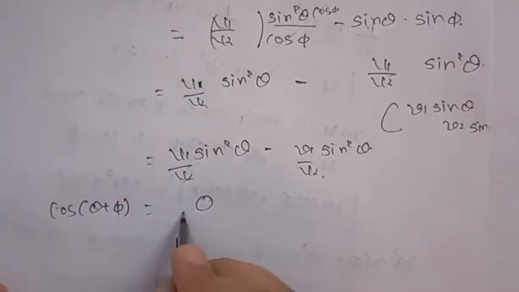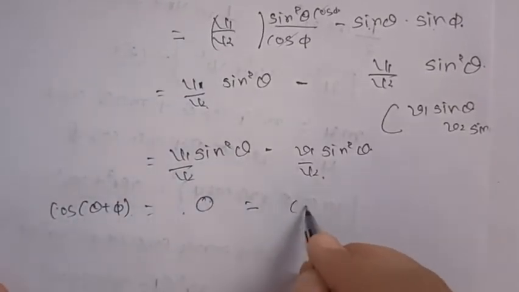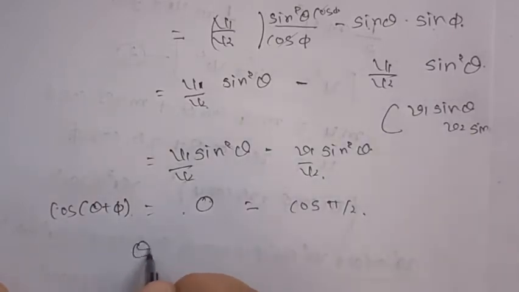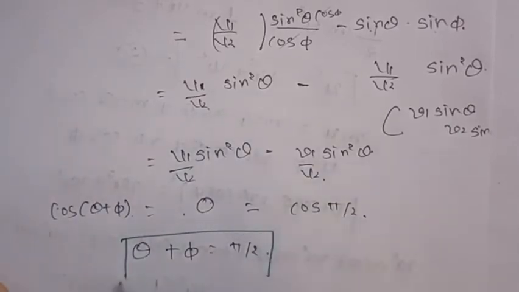But cos is 0 for pi by 2. So we can write theta plus phi is equal to pi by 2. So this is the important result we get.